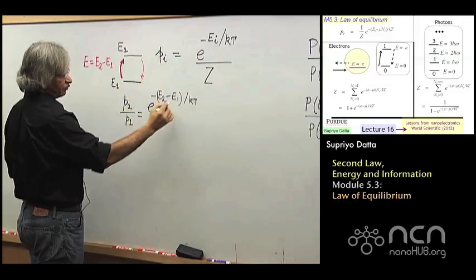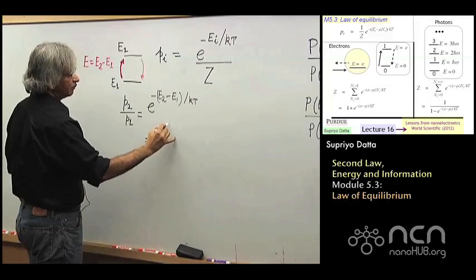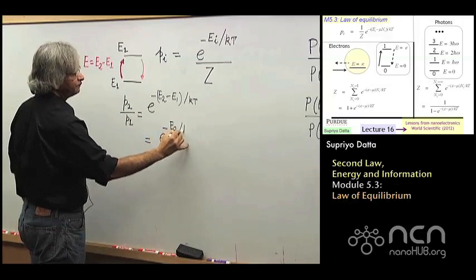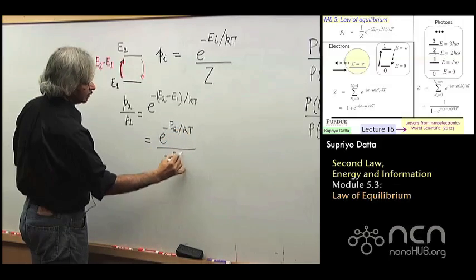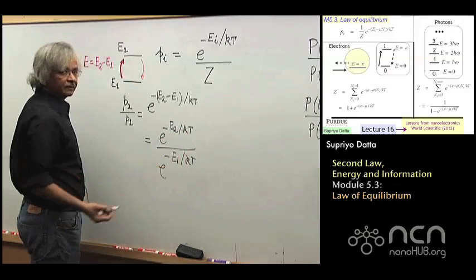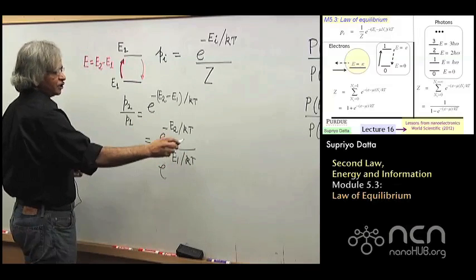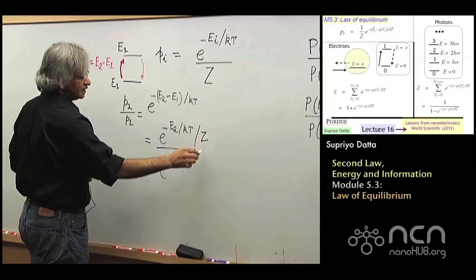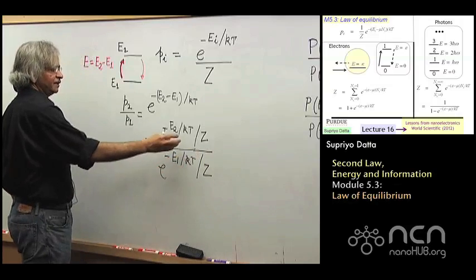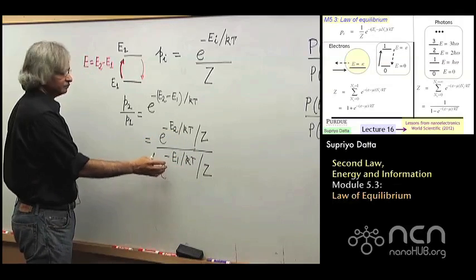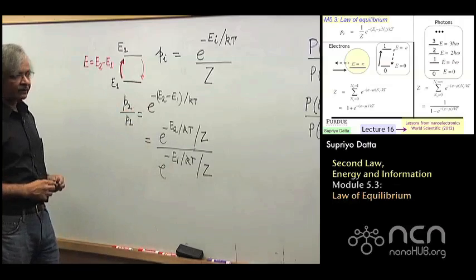Because, you see, what I've got here, you could write as e to the power minus E2 over KT divided by e to the power minus E1 over KT. And of course, in this ratio, I could easily divide this by Z and divide that by Z. And the basic law of equilibrium tells me this is P2, that's P1. So it works perfectly, you see?